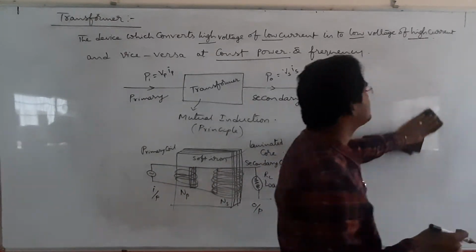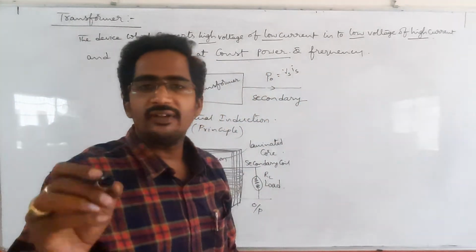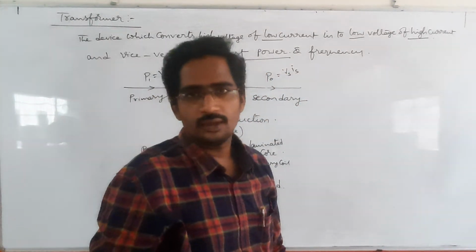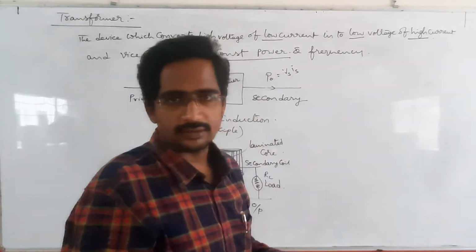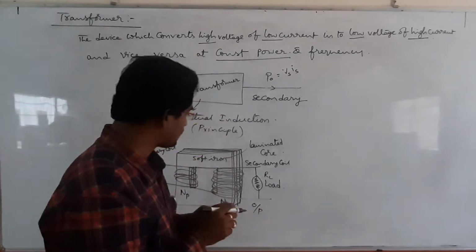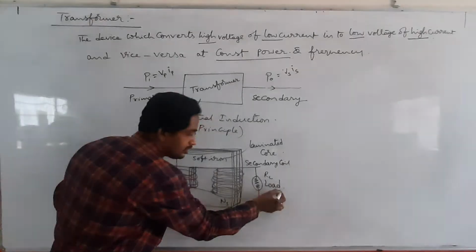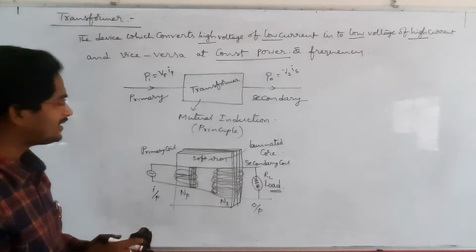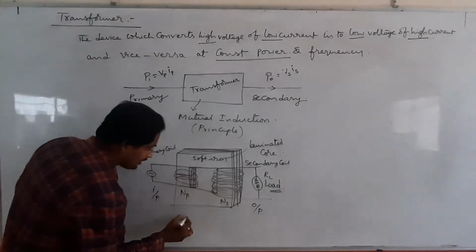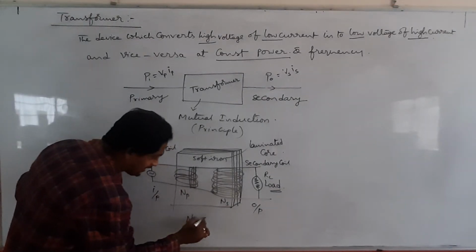The transformer modifies that voltage level and gives it to the backside circuit. That circuit's resistance is the load for this transformer. That's the meaning of it. Do remember, it is called a load. For that load we are giving the output. And you are seeing here clearly, NP is less than NS.